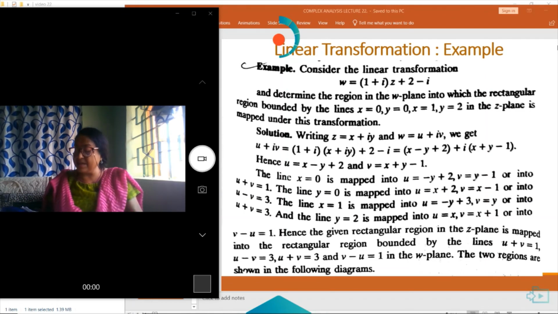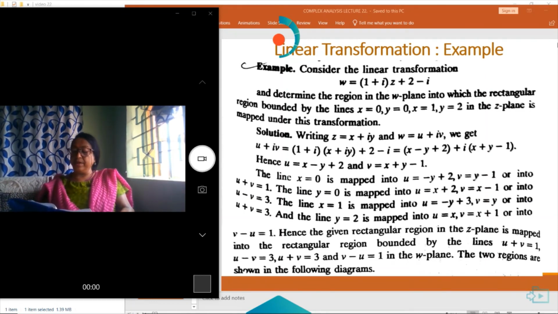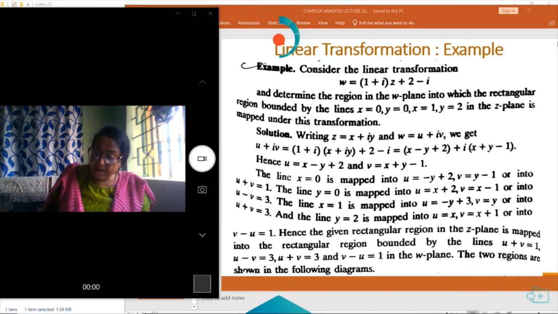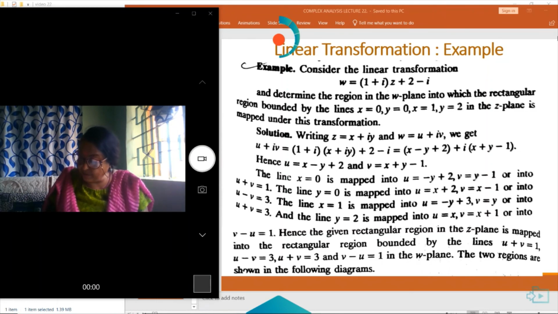Again, I am saying please refer to a coordinate geometry book to draw these lines if you feel difficulty. The two rectangular regions are shown as follows.